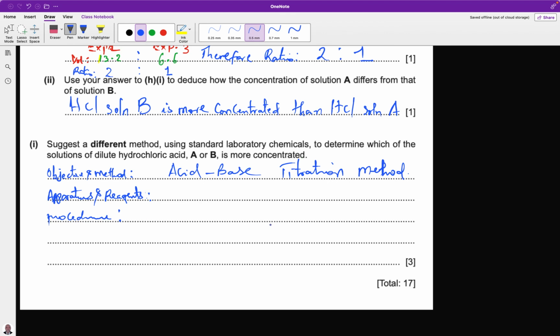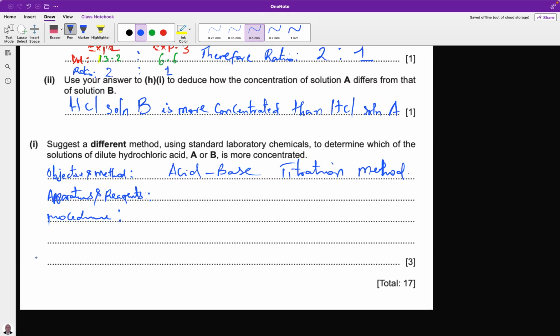And that is all. Repeat the procedure for 3 accurate experiments, until you have 3 concordant results.